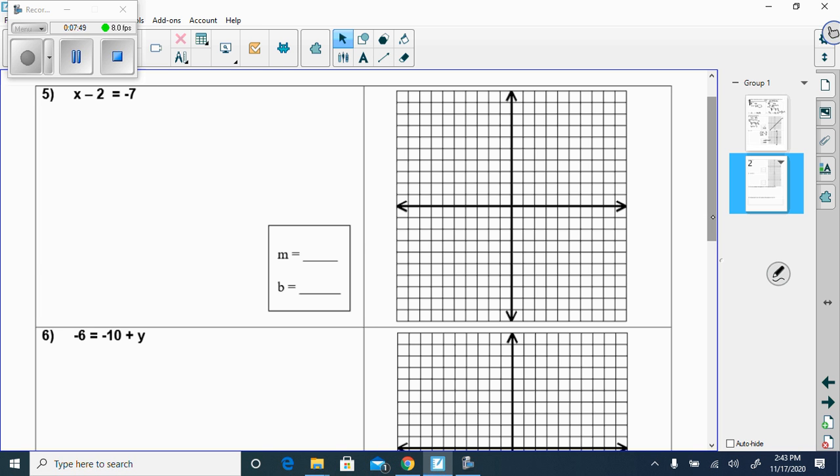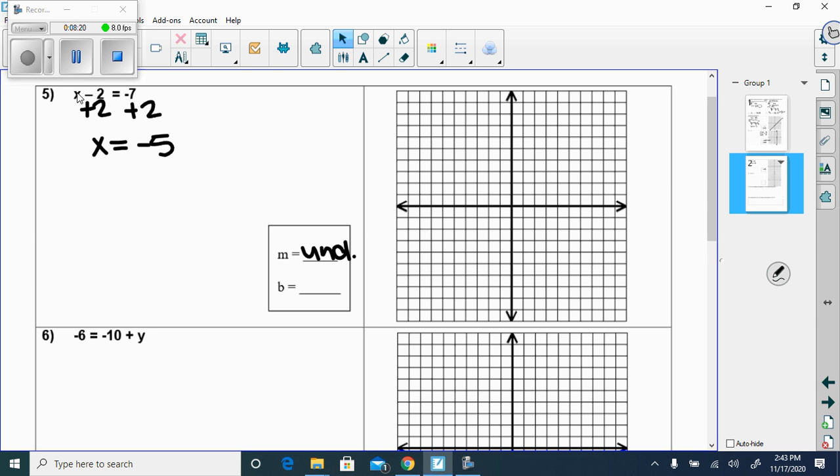Okay, on number 5. We've got to get x by itself so that it'll look like the last one we did. What should I move? Good. So I'm going to add 2 to both sides, and I'm going to end up with x equals -5. Very good. So we already know that if we have an x equals equation, our m is undefined, right?